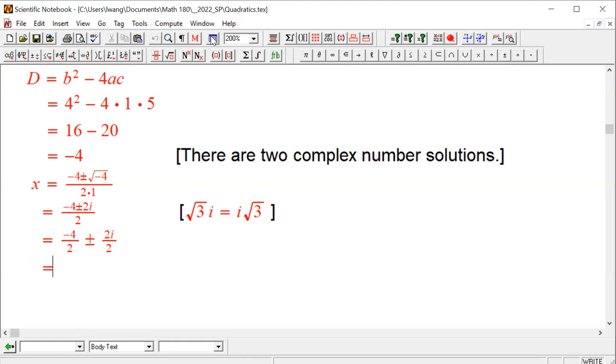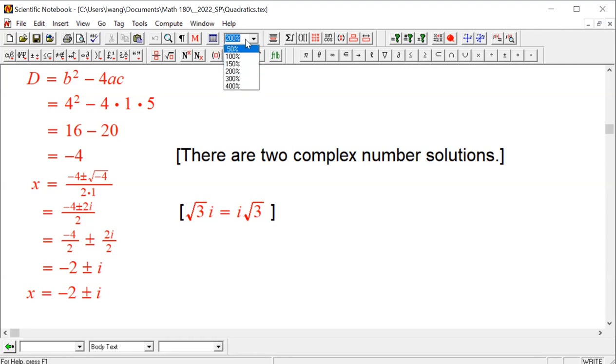So in the end, you get -2 plus minus I. And that's our answer. So X equals -2 plus I, minus I.